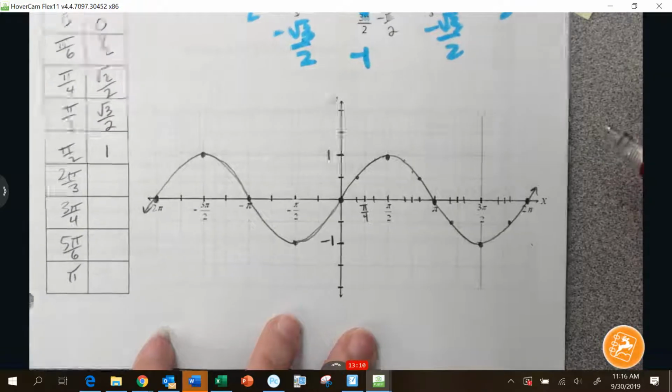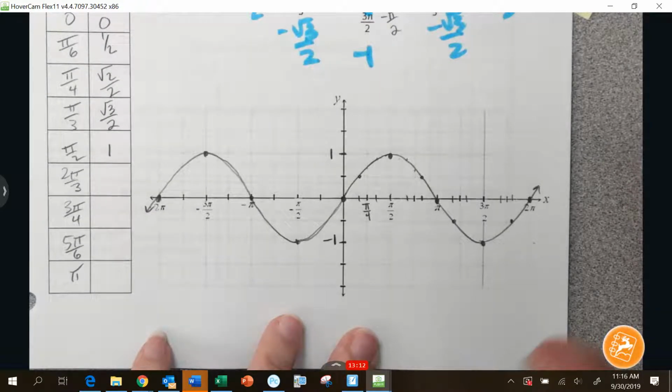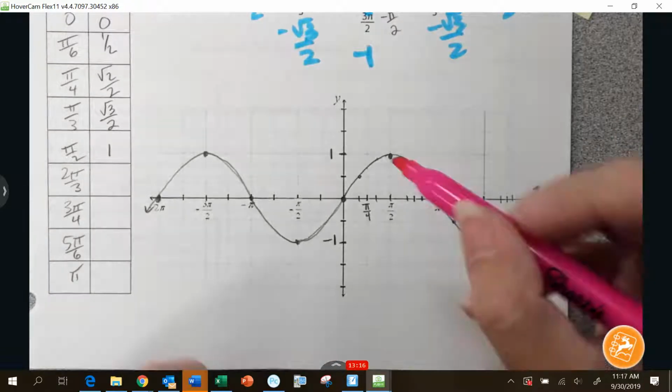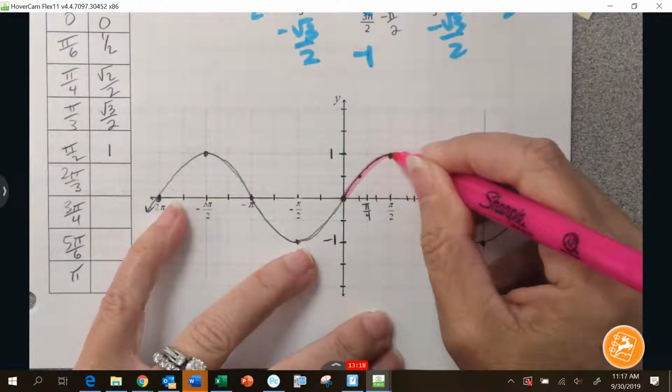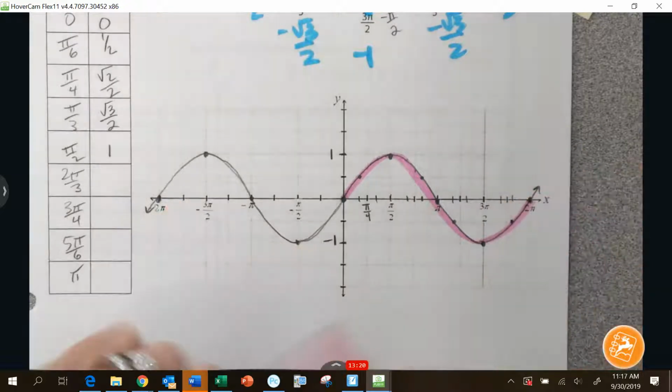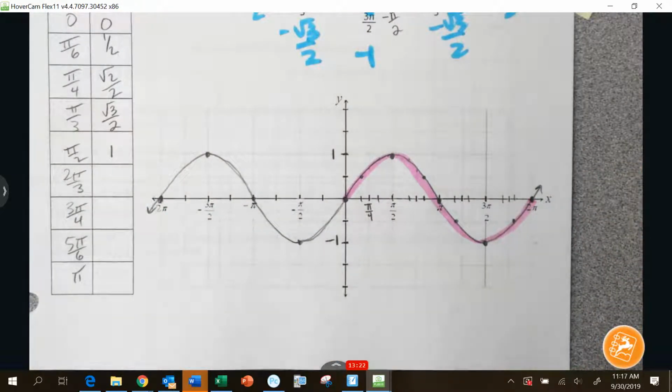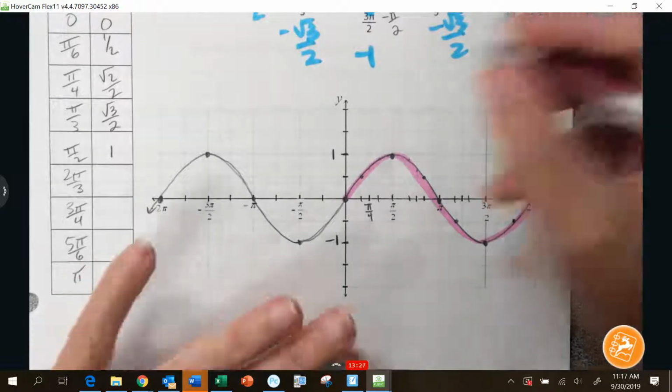Okay, ready? So this has a cycle. Here's one cycle right here. There's one time around the circle. That's one cycle. What that is called when we start talking about this is one period.